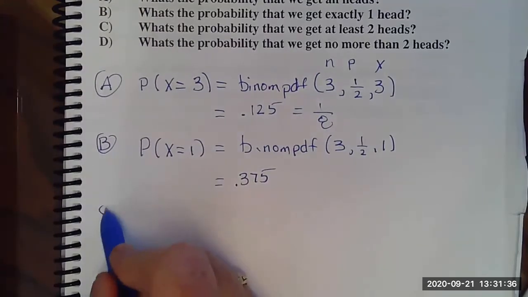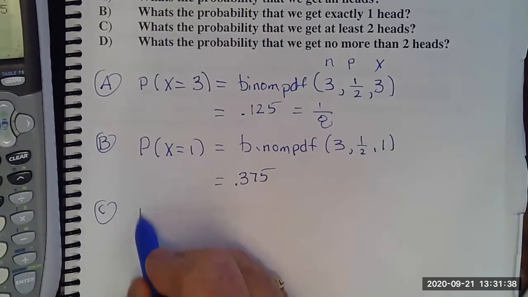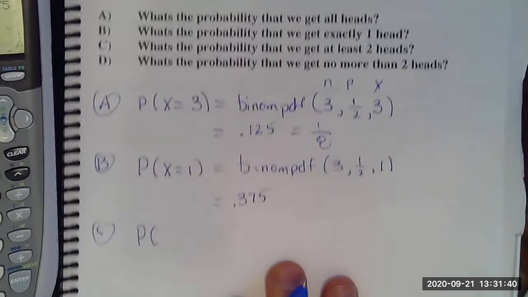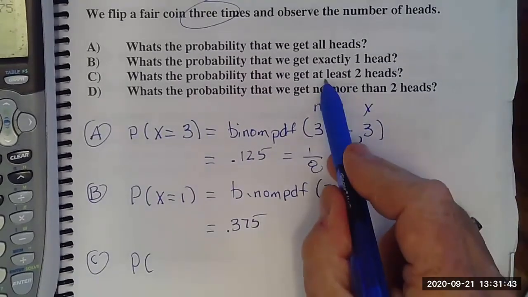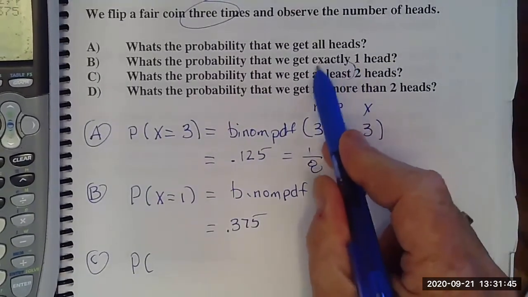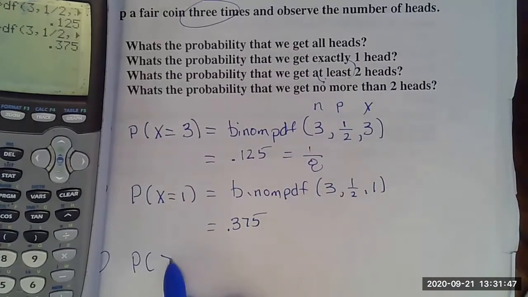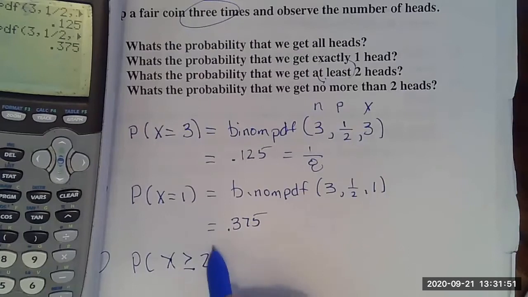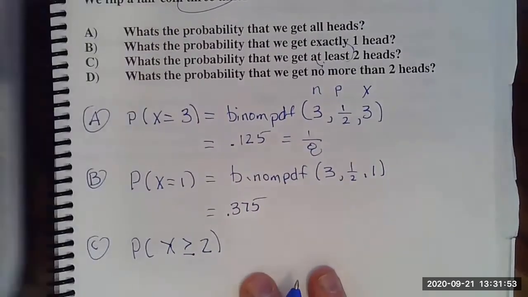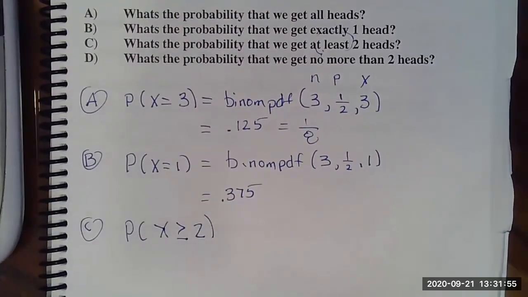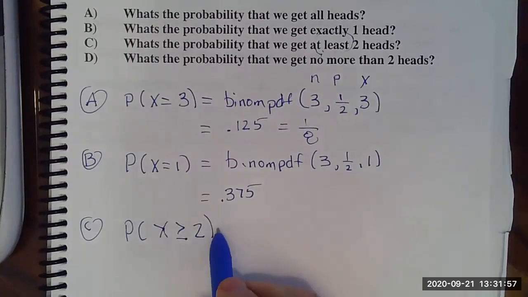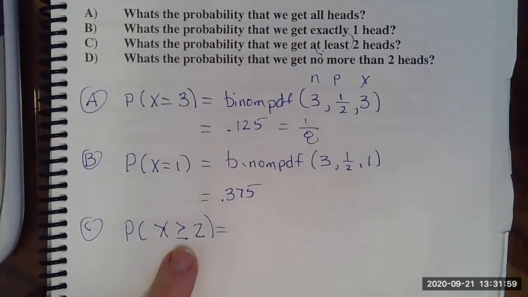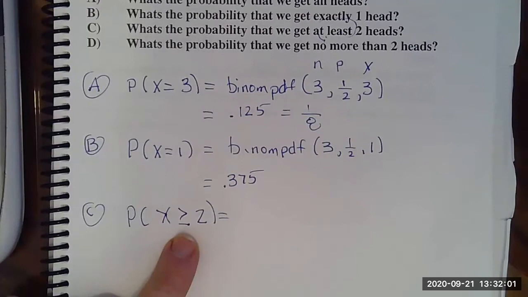Letter C comes the harder one, probability. And this is where if you don't have your phrases and your inequalities down, you're not going to get it right. The at least is X is greater than or equal to 2. Now this is the way that you work it out with the PDFs. You have to do them in separate little PDFs.